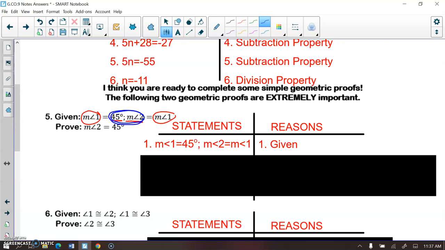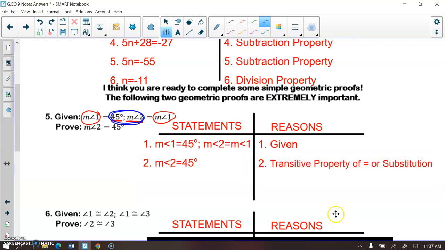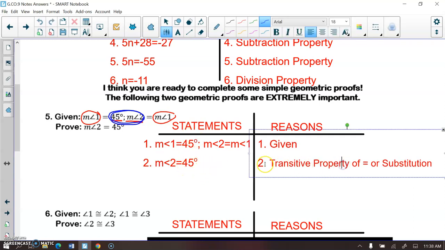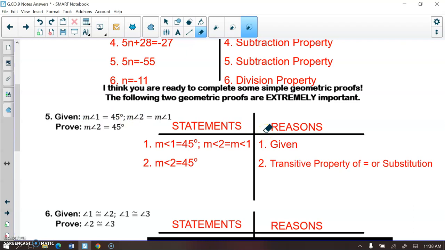And if we look at it from that perspective, that is the transitive property of equality. So we can go straight to what we're trying to prove. This is a two-step proof, and you can either have your reason for the second step be the transitive property of equality or substitution. You do not need to write down both.